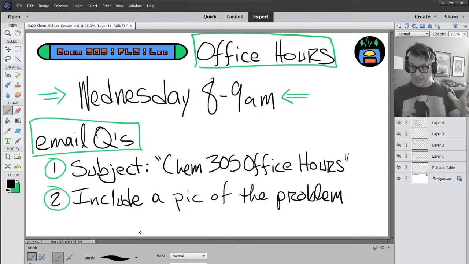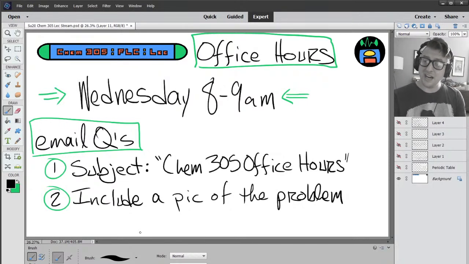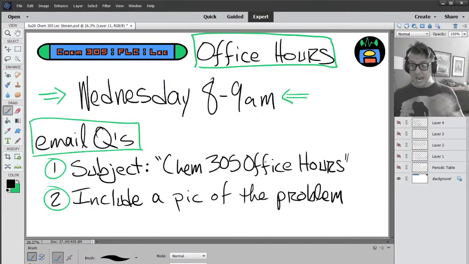That way I have the context to what you're asking. Some chemistry problems are fine to type out over email. Some don't translate very well. And so if you include a picture of the problem in its original context, I'll be able to understand what you're asking, know how to solve it, and work it for you, so you'll be able to see.